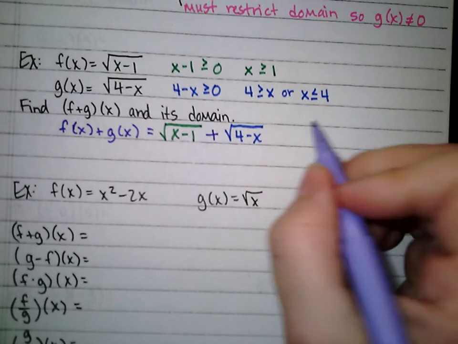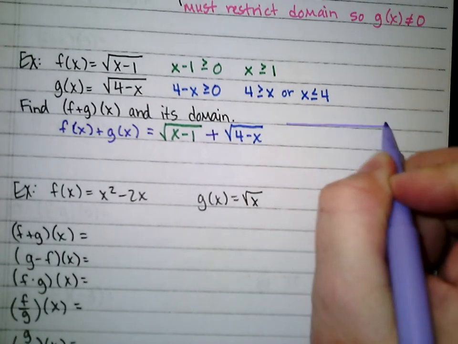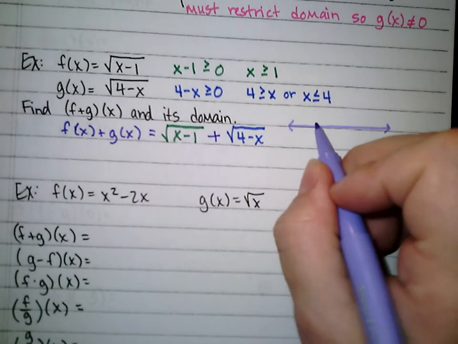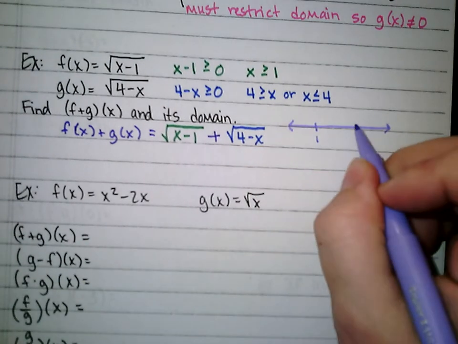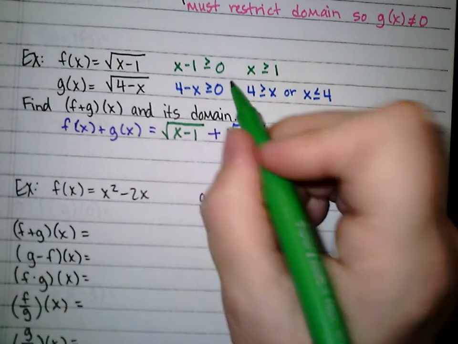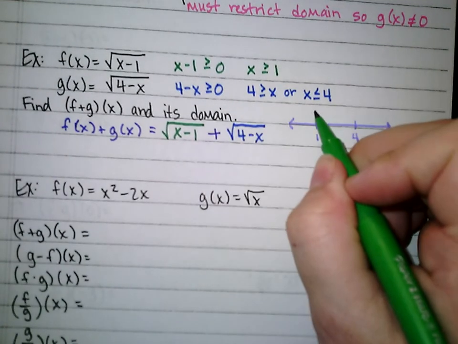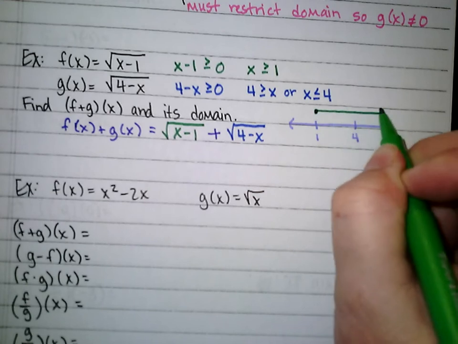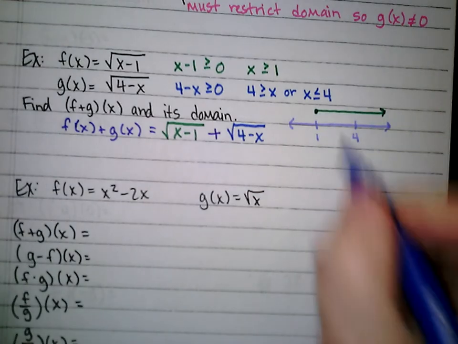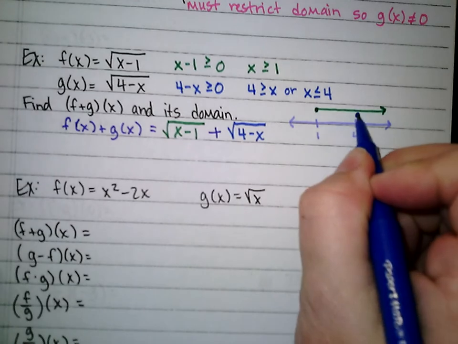Okay, so let's look. So this guy we had 1, and this guy involves 4. So my f of x says x has to be greater than or equal to 1. So here to the right. G of x says x has to be less than or equal to 4.